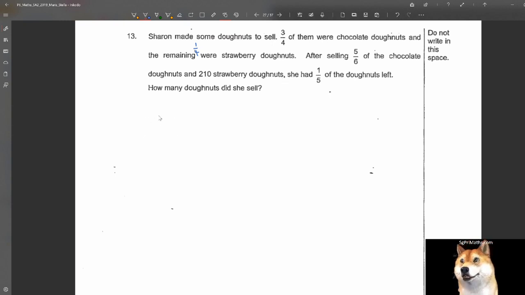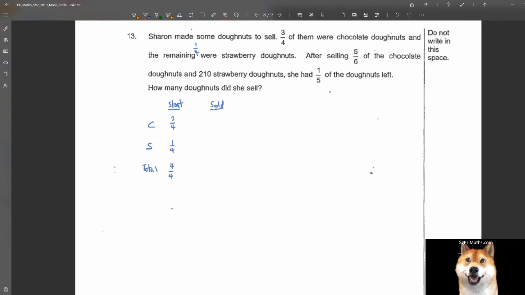Okay, we can draw a table with the information. Say the start: the chocolate donuts, strawberry donuts, and total. So 3/4 and 1/4 of the strawberry. Total is just 4/4. Then sold.